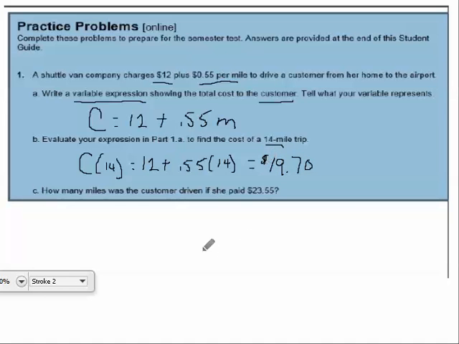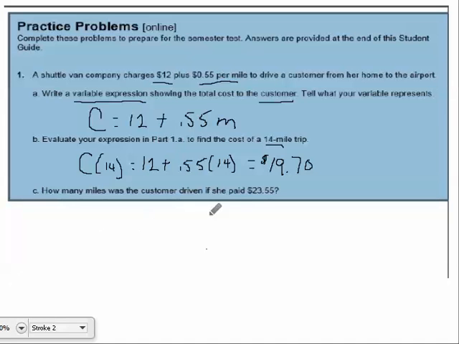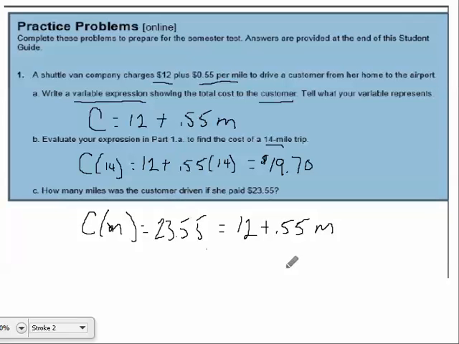The next question says, how many miles was the customer driven if she paid $23.55? So we're looking for C of m, number of miles, is equal to 23.55, which is equal to 12 plus 0.55 m. And we're trying to find m.